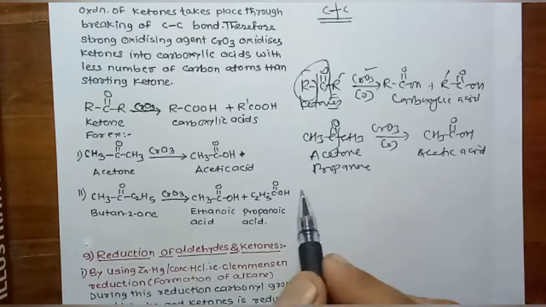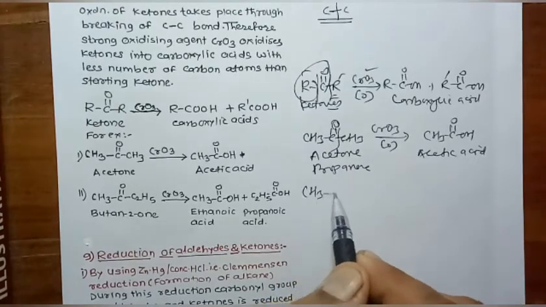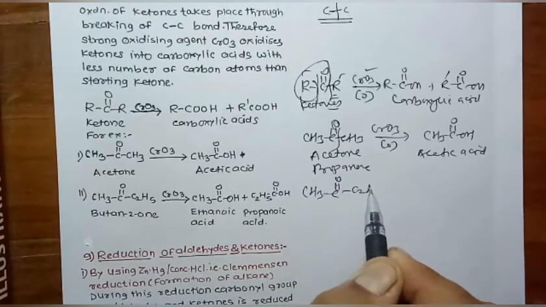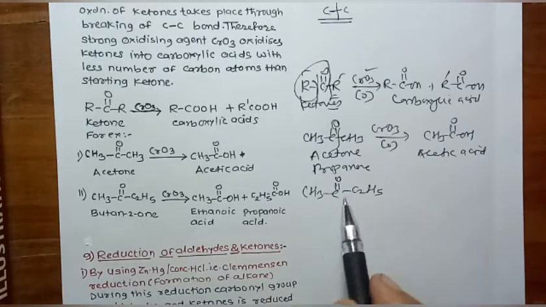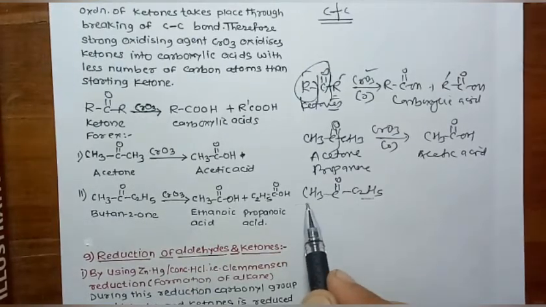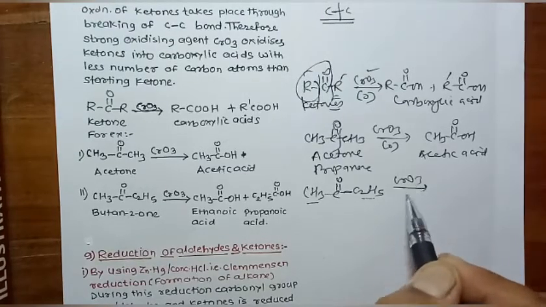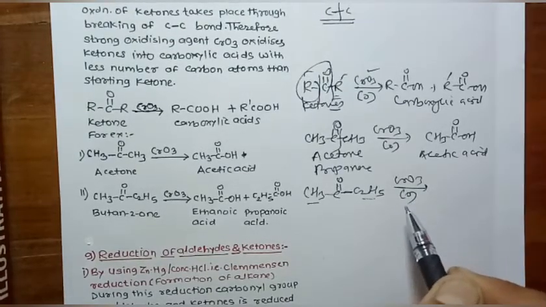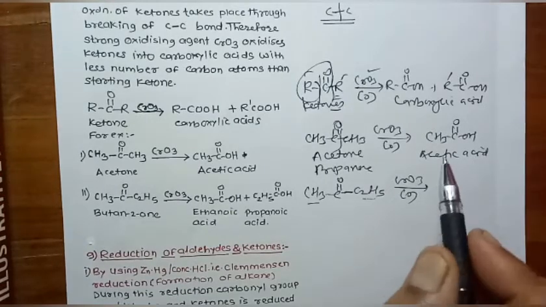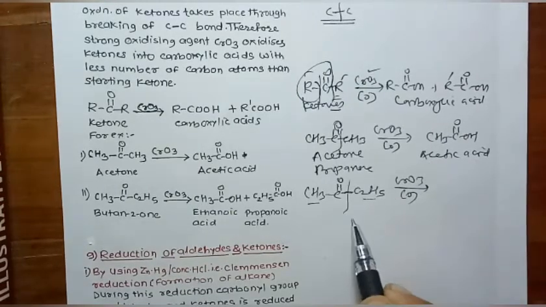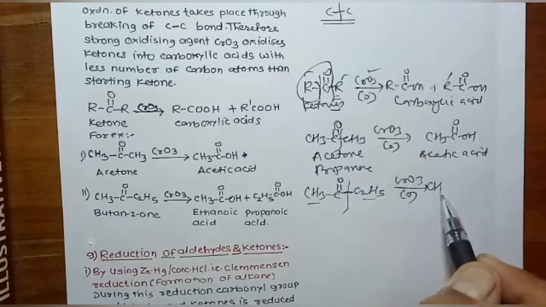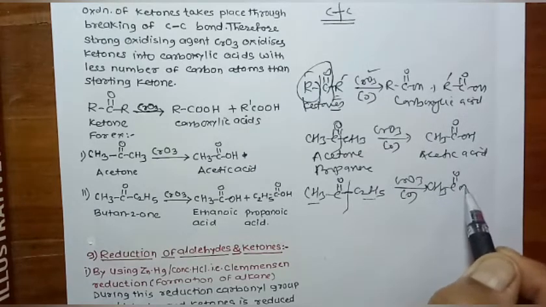In this way, if these two alkyl groups are similar, it gives only one type of acid. And suppose a mixed ketone is there like this, CH3 C double bond O C2H5. Here these two alkyl groups are different from each other: one is ethyl, one is methyl. If such a ketone is oxidized by using CrO3, the bond between these carbon atoms breaks and it gives CH3 C double bond OH.